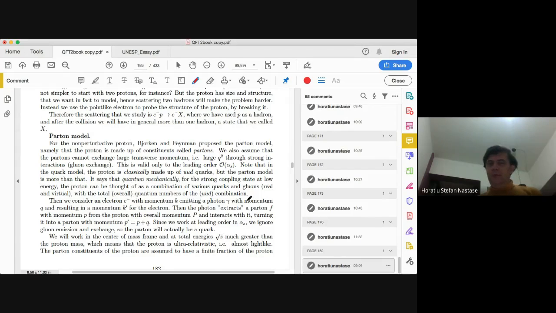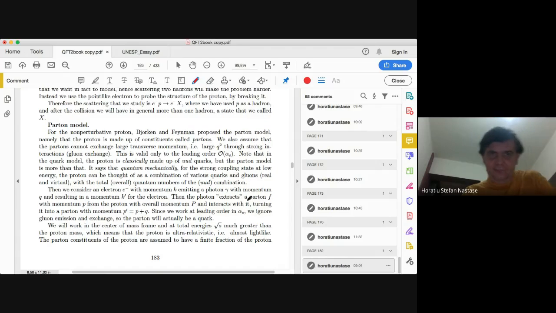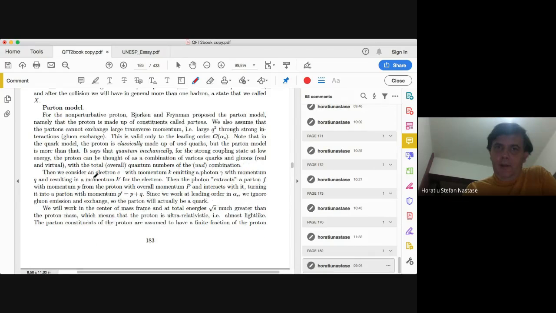So total quantum numbers meaning the same electric charge, the same isospin, and the same baryon number, and so on.